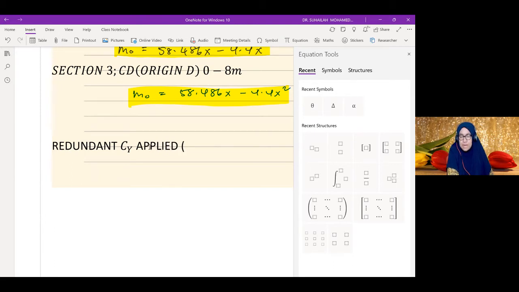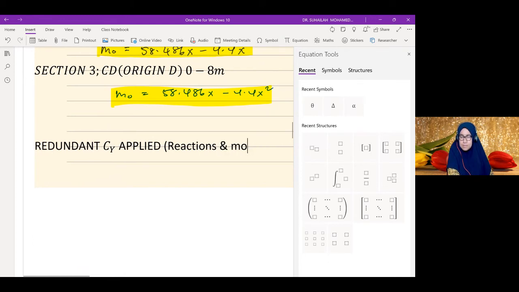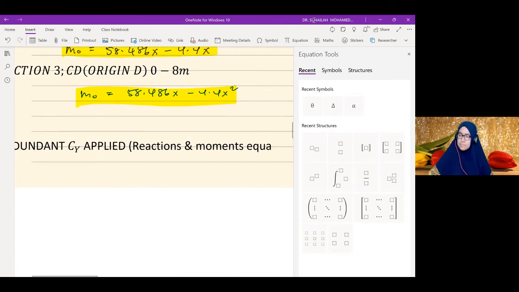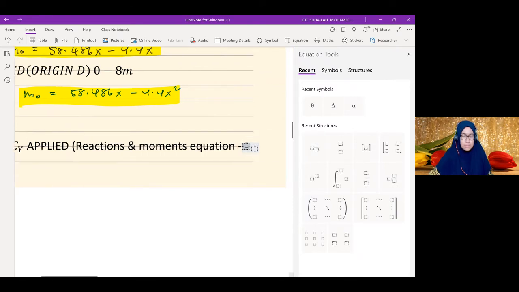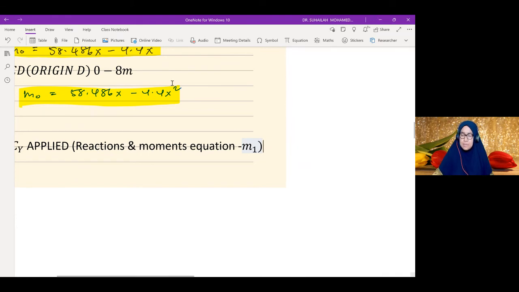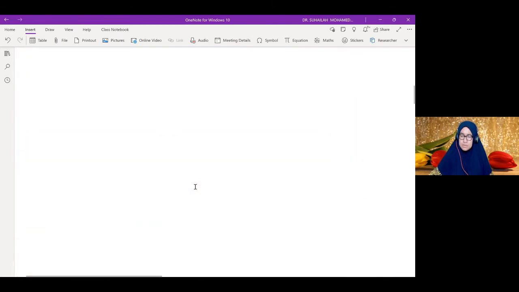We have to calculate reactions and moment equations, and this is M1, because CY is redundant number 1.